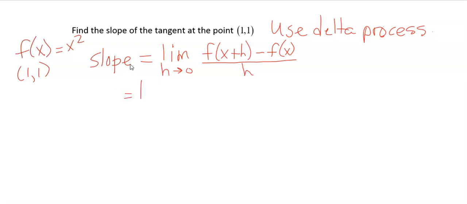All right, so here we go. Here's our step number 2. So this is the limit as h goes to 0 of, now f of x plus h, of course, means you plug x plus h into the function in place of x. And what that's going to turn into is x plus h squared.